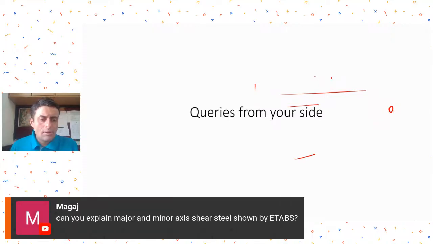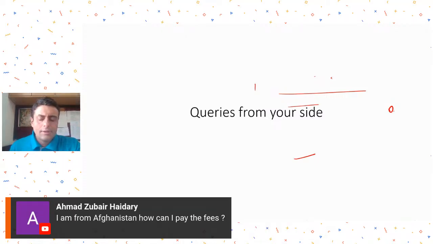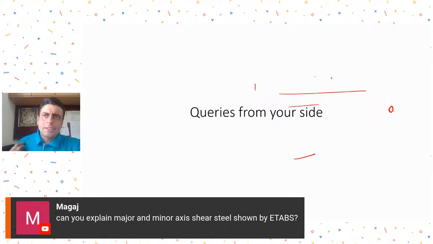Questions. So Magaj is saying, can you explain major and minor axis shear steel shown by ETABS? So you are asking for column design or beam design? Please clarify. Though the column shear design process is similar to beam design, and the process is outlined in your documentation for ETABS.